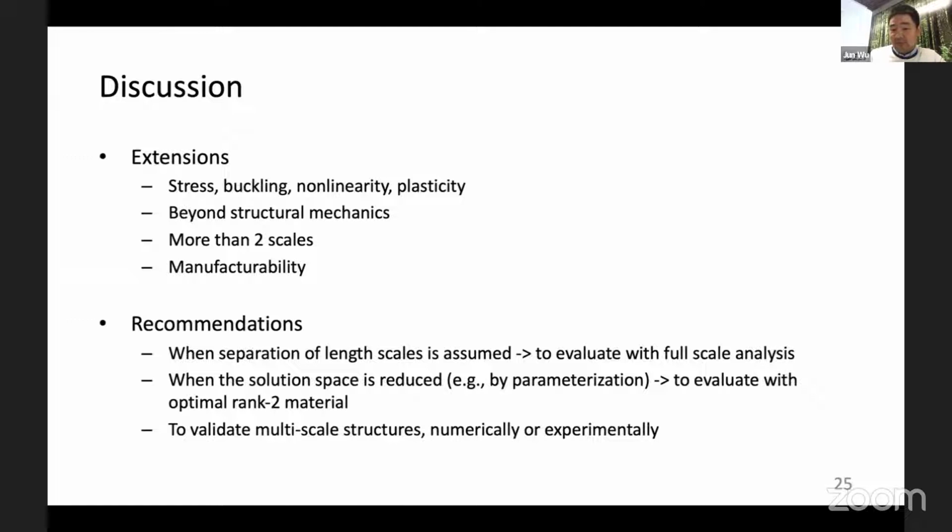They have a geometric multigrid solver to solve at a very high resolution, and that full-scale analysis can be used as a benchmark to evaluate how valid this separation of scales is. If the solution space is reduced by parameterization, we recommend to compare with optimal rank 2 material. And in the review article in the appendix, Jeroen provided the MATLAB code for this optimization problem. But in general, we recommend to validate multiscale structures either numerically or experimentally.